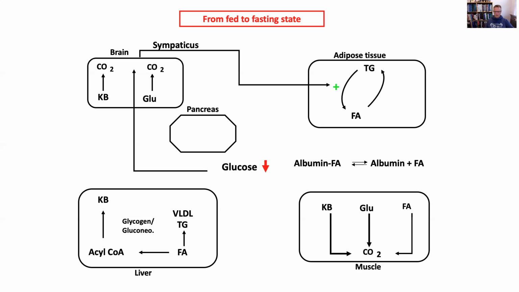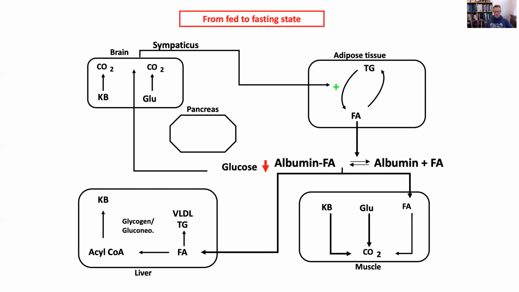So when lipolysis becomes activated, we know that fatty acids will be secreted from the adipose tissue, which will result in an increase in the concentration of fatty acids in the circulation. This will, of course, lead to an increased flux of fatty acids to the muscle, but also to the liver, which, of course, also will increase the degradation of fatty acids in the muscle to produce more ATP.